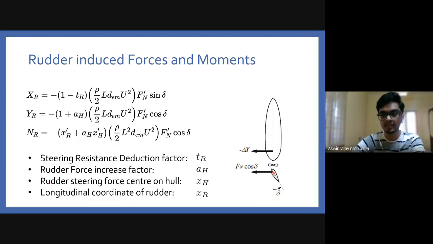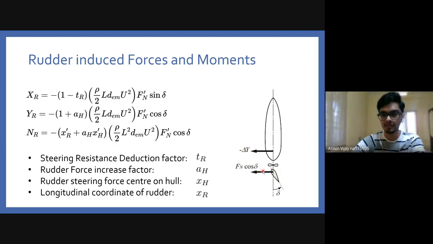Because of the rudder interaction, there will be this Fn cos delta, and an additional Y force will also be produced due to the interaction between the rudder and the hull, which will be in the opposite direction. This also has to be subtracted from the moment, and this is what this XH does with this reduction factor.